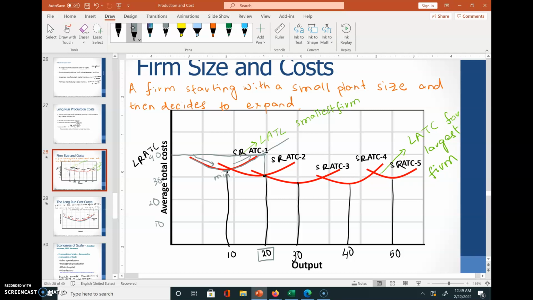However, if it decides to stick to SRATC2, the average total cost will be $30.